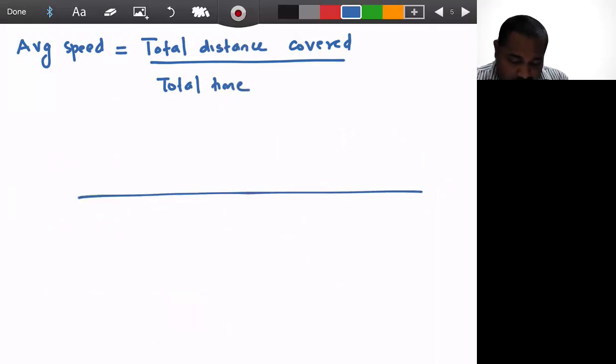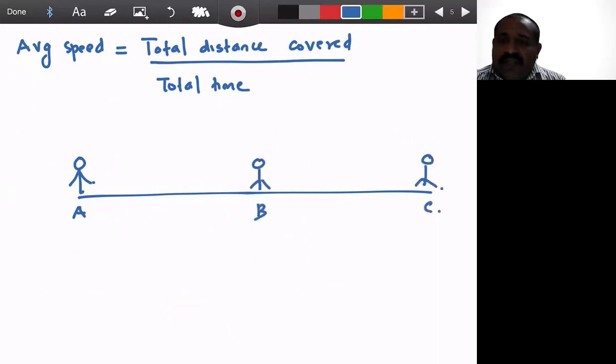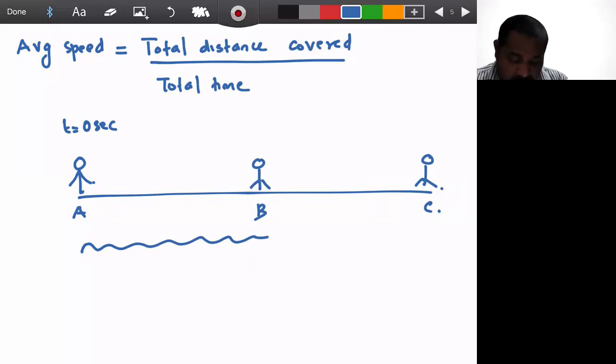So suppose a man is at a position A. Now it reached at position B, and after some time he reached at C. At A, the time is, say, 0 seconds. Once he reached B, he already covered 2 meters, at t equal to 1 second. This is an example. This is not the real case.